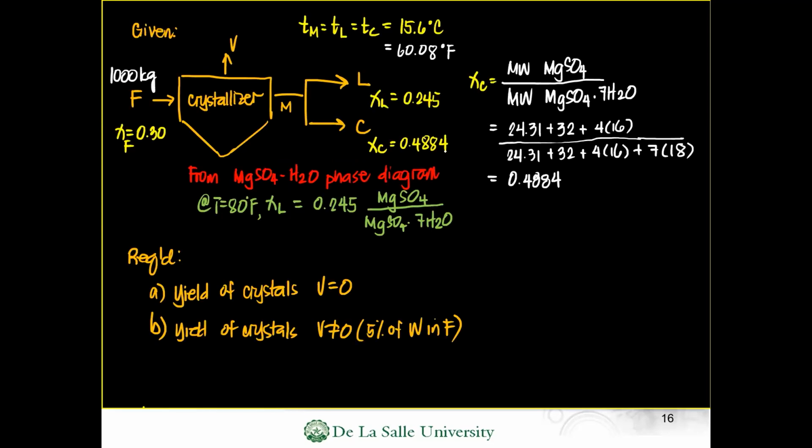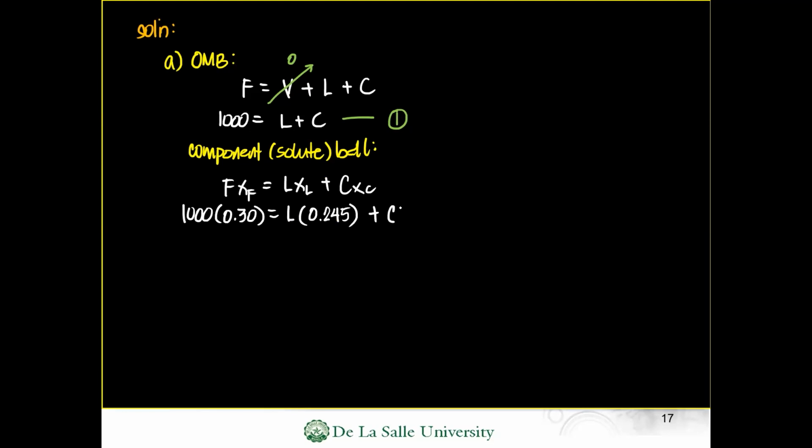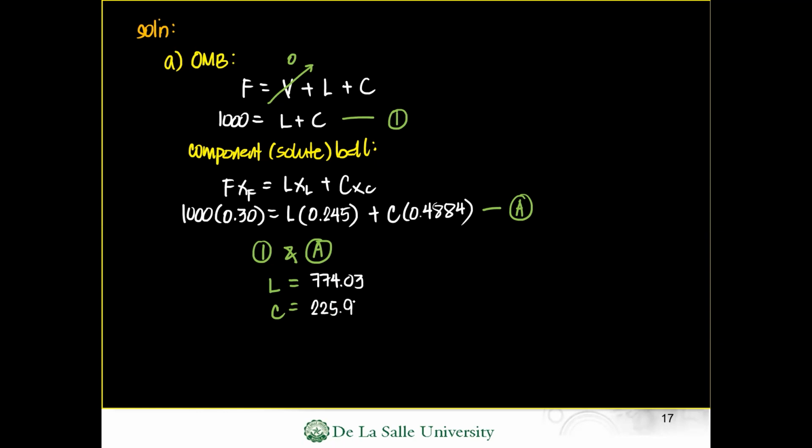And then we don't know what C is, but XC is 0.4884. So let's call this equation A because that's specific to letter A. 1 and A. What is L? What is C, please? L is 774.03, and then C is 225.97, and then both are in kilograms.